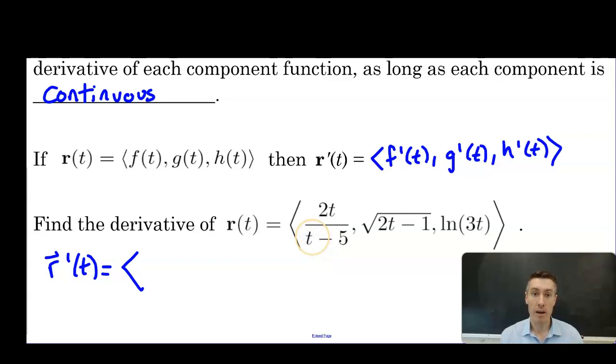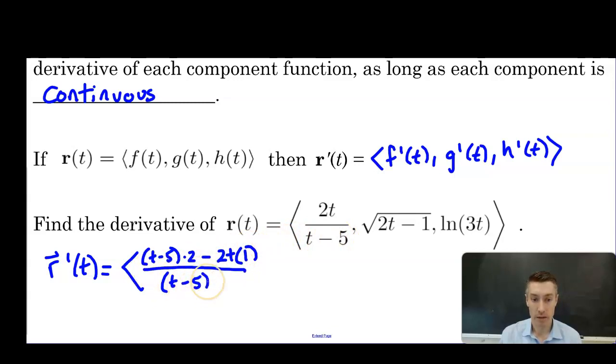Recall that's bottom times the derivative of the top minus top times the derivative of the bottom over bottom squared. Okay, so bottom times the derivative of the top, which is 2, minus the top times the derivative of the bottom, which is 1, all over the bottom squared, so t minus 5 squared.